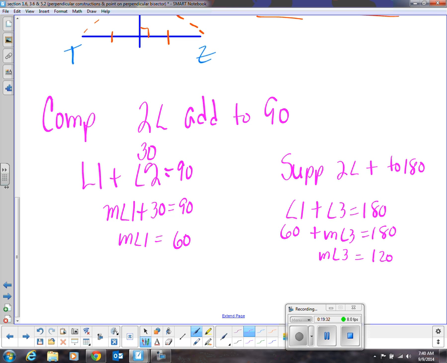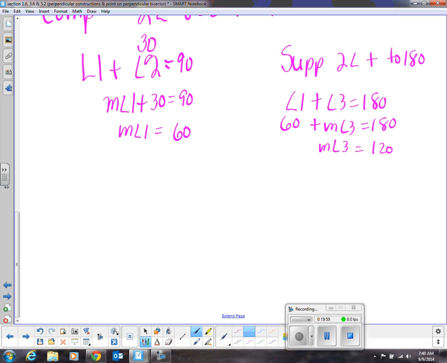Brittany, you had a question. 15. 15 said, find the measure of KHL and FHL. When we look at that, what's the relationship between those two angles? Those two angles are equal.